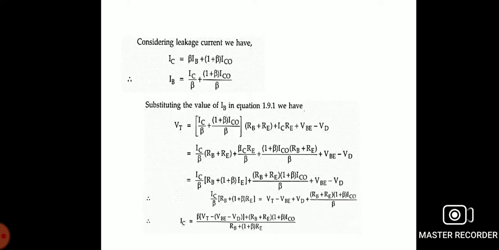Now let us consider the leakage current. We have the collector current equal to beta into IB plus (1 plus beta) into ICO. IB is equal to IC divided by beta minus (1 plus beta) into ICO divided by beta.